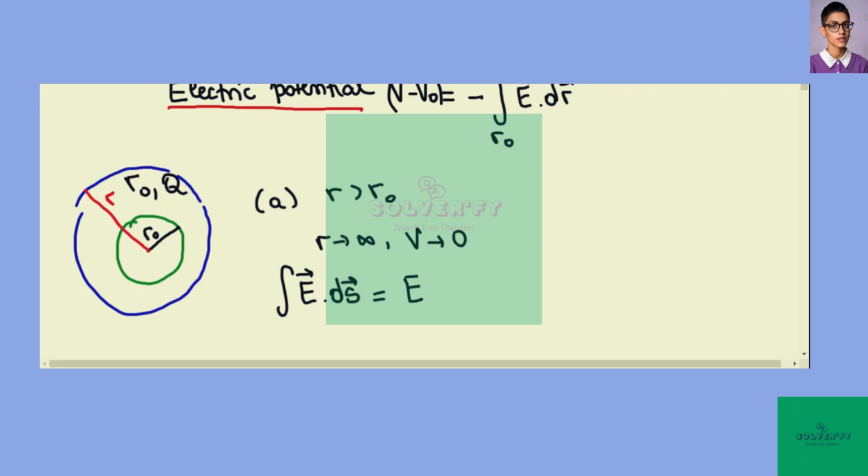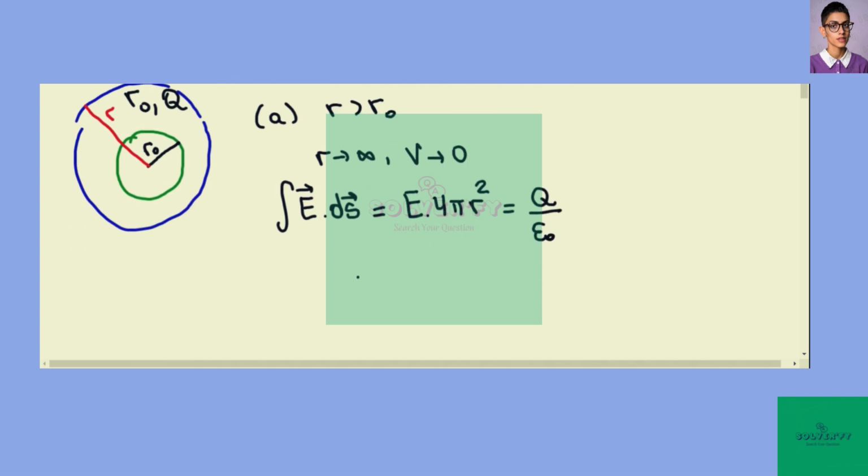Notice that all throughout the surface, the electric field is the same, times the area, which is 4 pi r squared. And this is Q, the charge enclosed by the surface, divided by epsilon zero. So the electric field is Q over 4 pi epsilon 0 r squared.